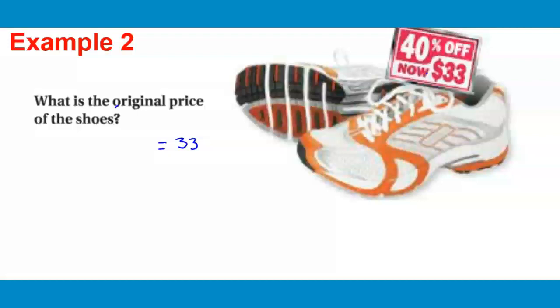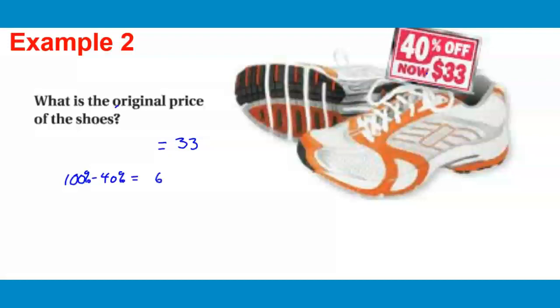Don't take 40% of the sale price and try to add it back on to get to the original price. It won't work. So what we have to do is do our method of what percent did you actually pay. So we take the 100%. You have to do it this way. You have to subtract your percents. These are percents. I usually don't put the percent sign on them because I know I'm dealing with percent.